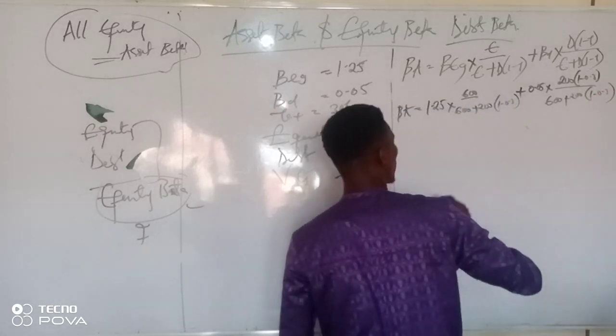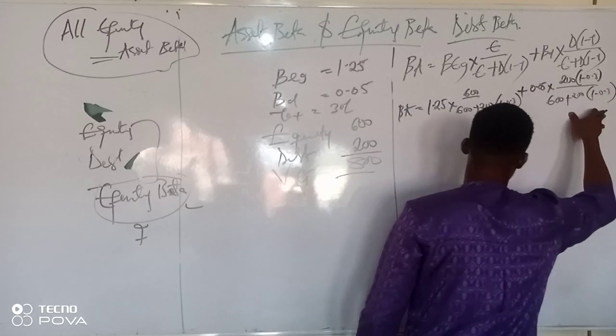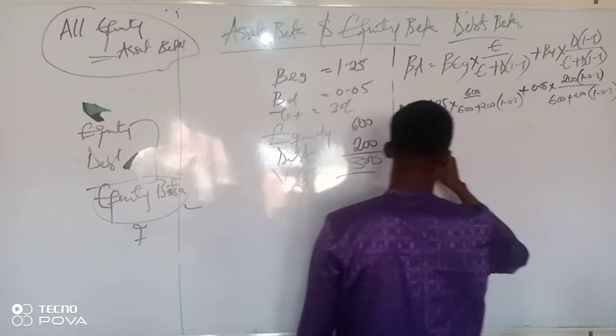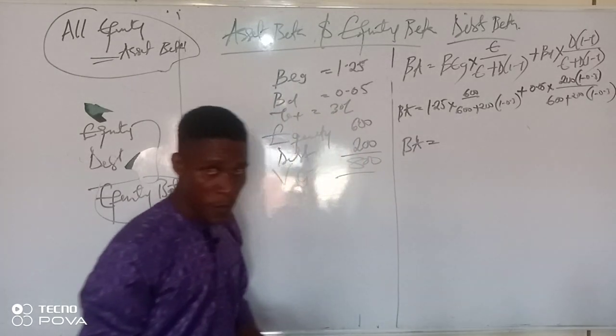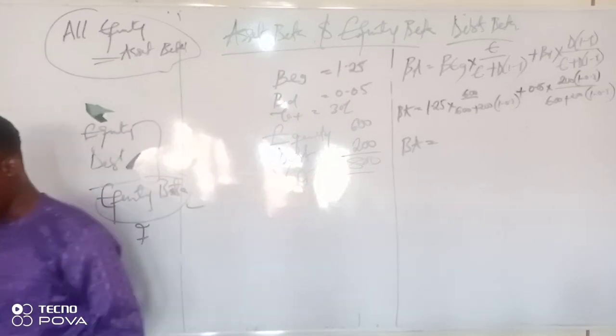Compute the sums, put them together, and you get your asset beta.